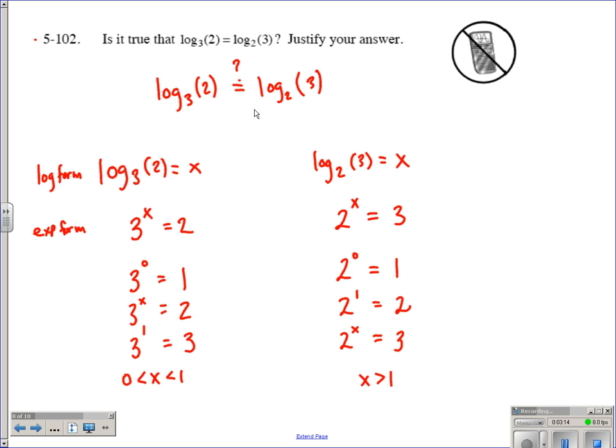So overall, what does this mean? Well, it means that the value of this log here, log base 2 of 3, has to be greater than 1.